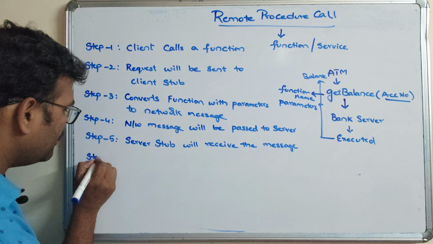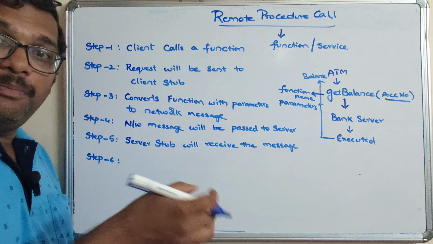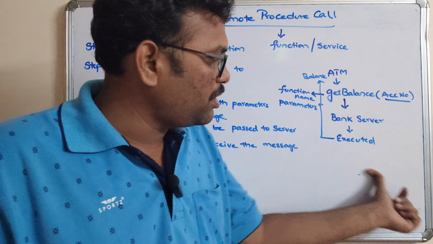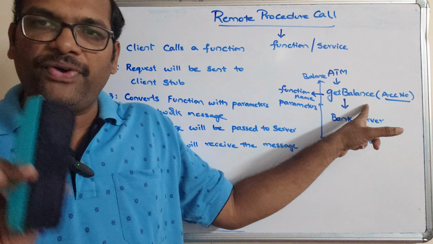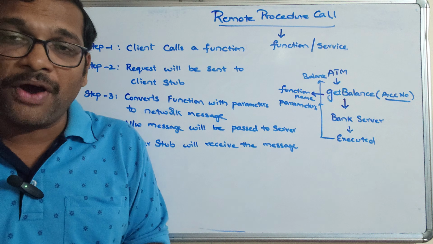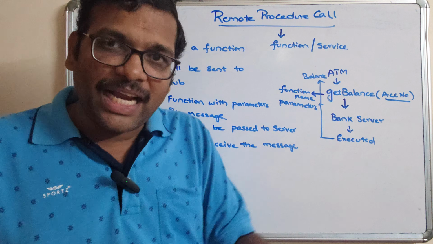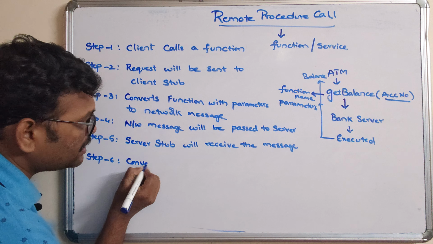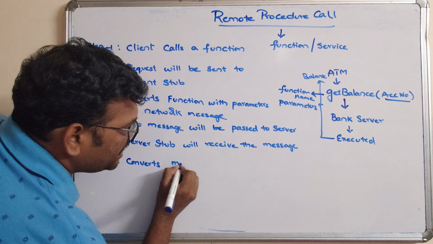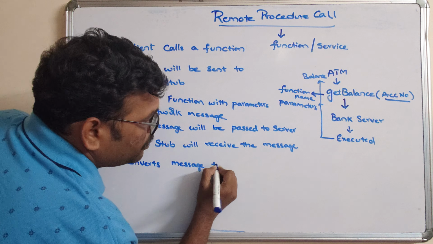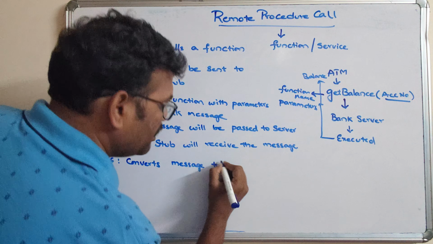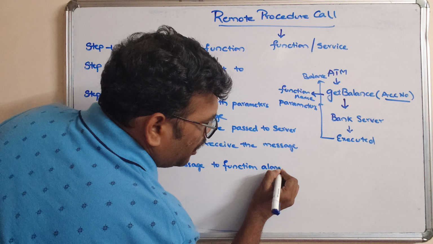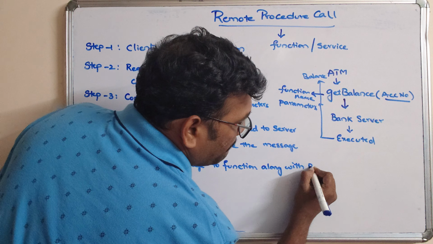Now what happens? Again, the server stub will be extracting the data from the message, because in order to execute in the server, that should be in the form of a function call, but we are getting it in the form of a message. So that extraction will be done by the server stub. So the server stub converts the message to function along with parameters.